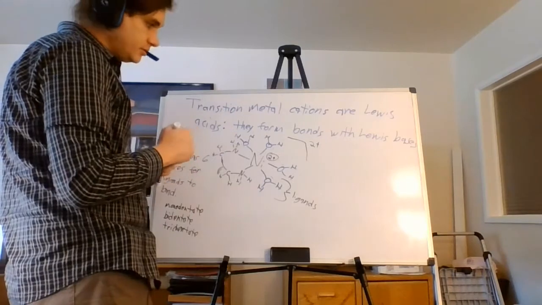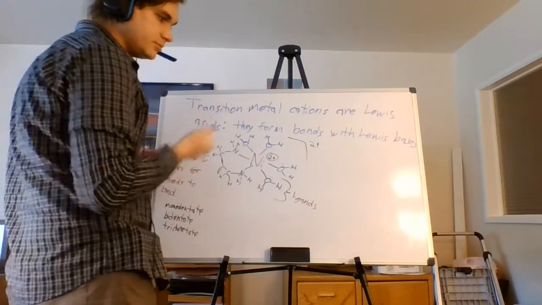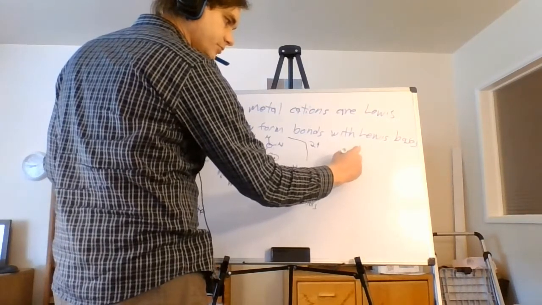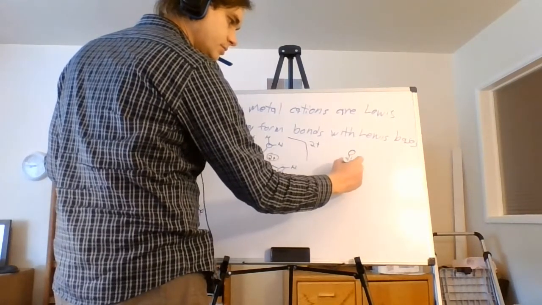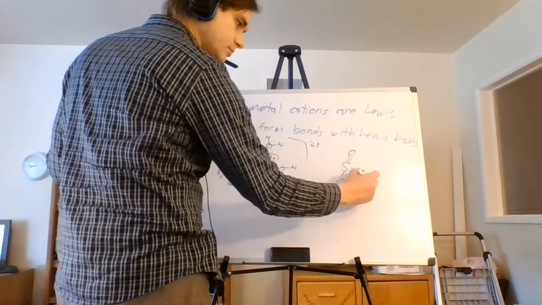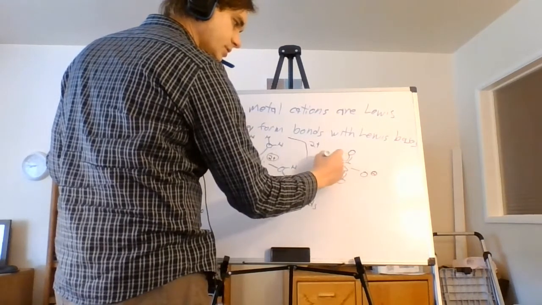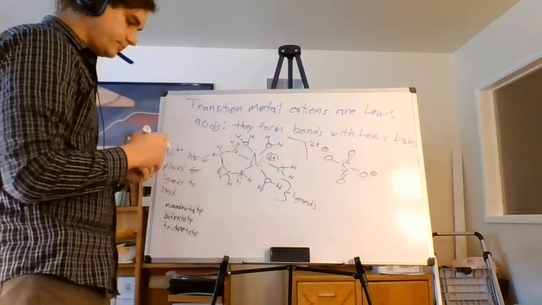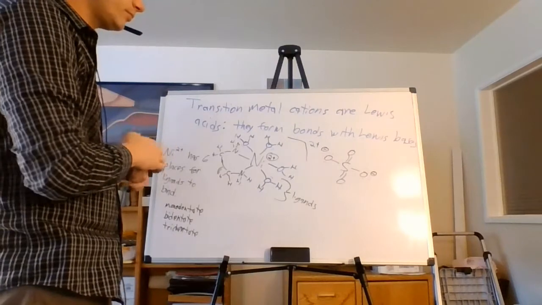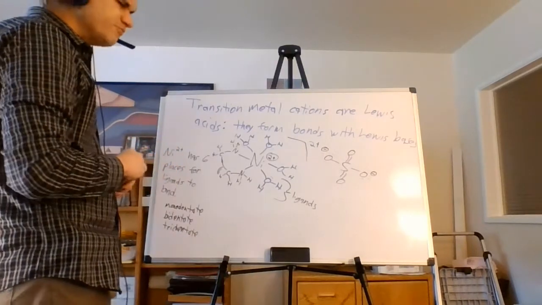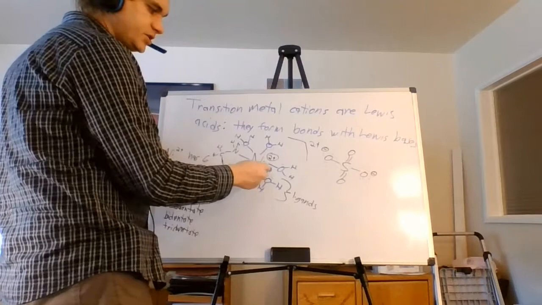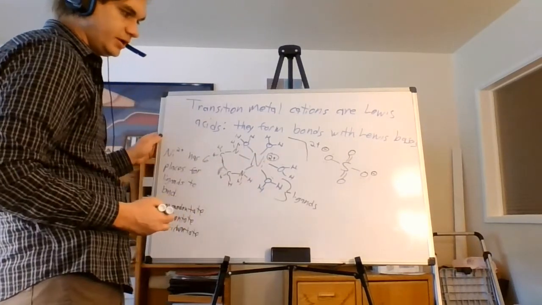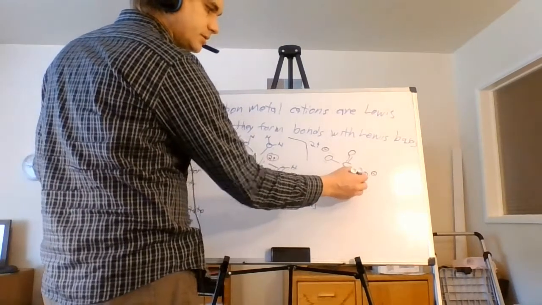Let's use this one. The counter ion we're going to use is sulfate. And so what we're going to end up with is a salt that is made from a complex nickel ion and sulfate.